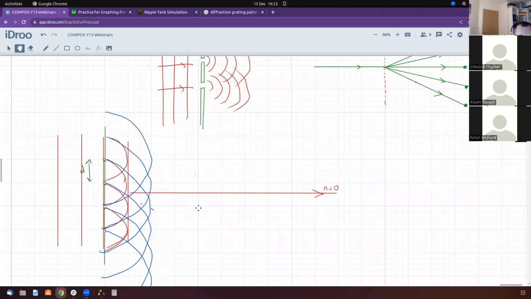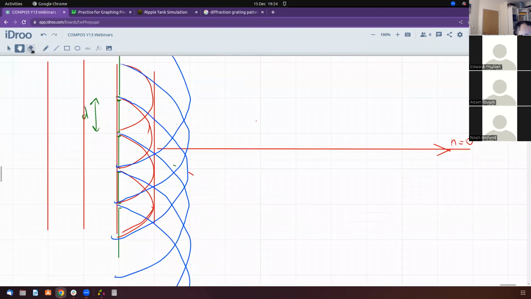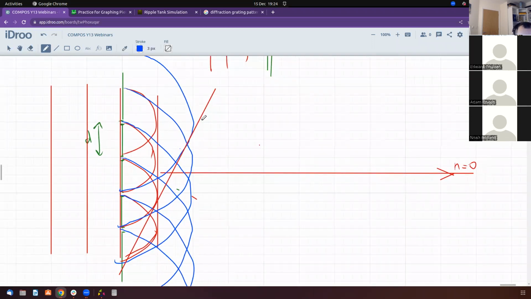And now, if you look at it very carefully, you will see that this is not the only wavefront that appears. Also, we have a wavefront made up of this. Difficult to see, I know. But this wavefront touches this one and this one, and it's producing a wavefront that is traveling in this direction, and that is the n equals 1 direction.